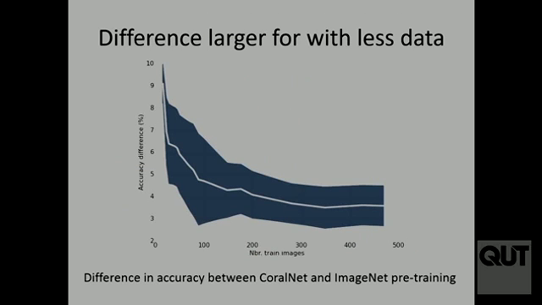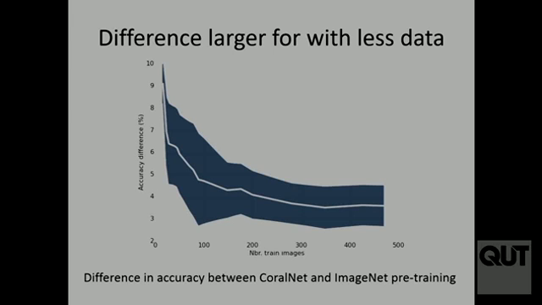And this difference actually increased when I have less data. I ran an ablation study where I trained on fewer and fewer images from these 4 locations. At the end, you have this difference of about 2 or 3%. But at the beginning, with, say, 100 training images, which is about 1 week's worth of annotation work in this situation, the difference is actually 5%.